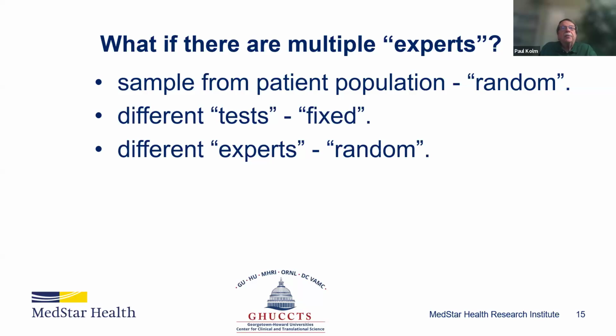So if we have a sample from a patient population, that's what we call a random effect. That's a random sample, more or less, from the patient population. The different tests are going to be fixed. That is, it's just a finite number of tests. But the experts that we might have, if we have more than one, are going to be another random effect.